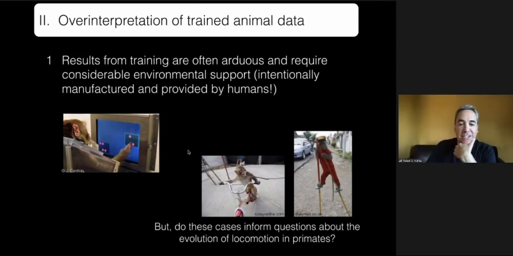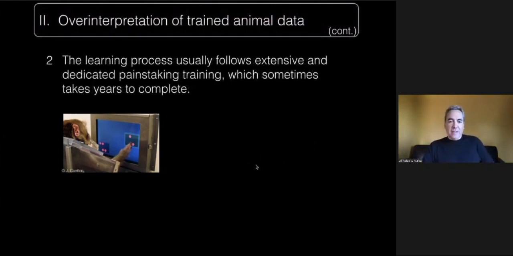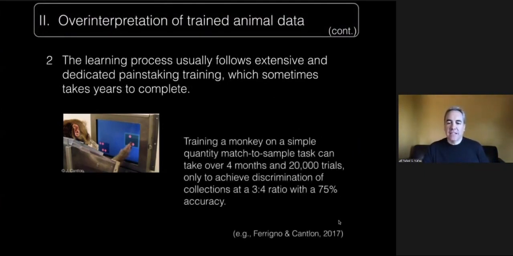What I'm trying to say here is to put things in perspective when the goal is to bring evolutionary arguments. So the learning process really is, if you analyze it, and I take here from Cantlon's lab, a quote from their work saying that training a monkey on a simple quantity match-to-sample task can take over 4 months and 20,000 trials, only to achieve discrimination of collections at a 3-to-4 ratio and with 75% accuracy.